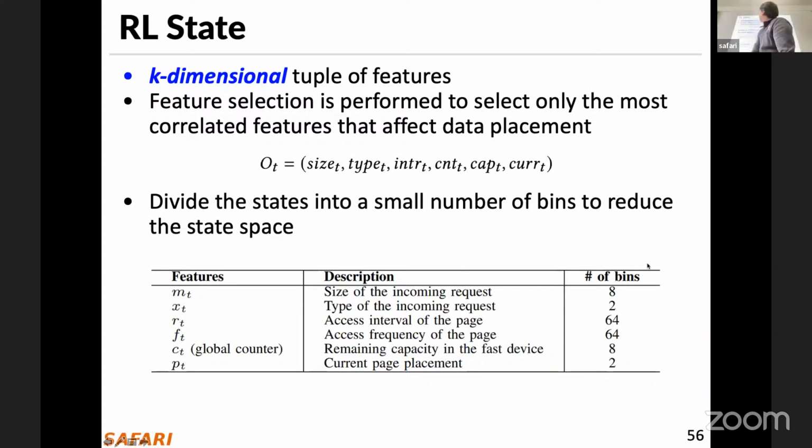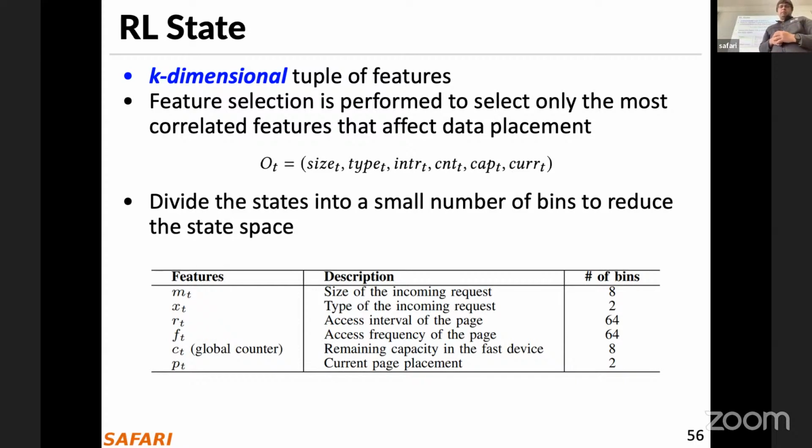So this is basically what I meant when I said we quantize the state representation. We define a number of bins in which we store these features. So the size of the incoming request can only go in 8 bins. You have a bin for 512 bytes, 1 kilobyte, 4 kilobytes, and so on. So you have 8 such bins. You basically do some approximation to reduce the number of bits that you use for storing these features.